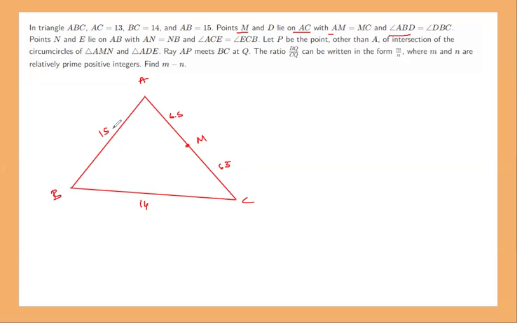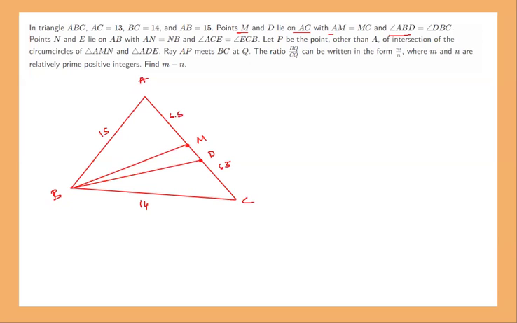So if this is 15 and 14, then this portion of AC, when you take the angle bisector, should be larger than the other portion, which is why D has to actually be lower than the point M. So let's assume this is somewhere right there as our D. Again, if you really don't get this part, you really want to review the angle bisector theorem. So that's basically what's going on.